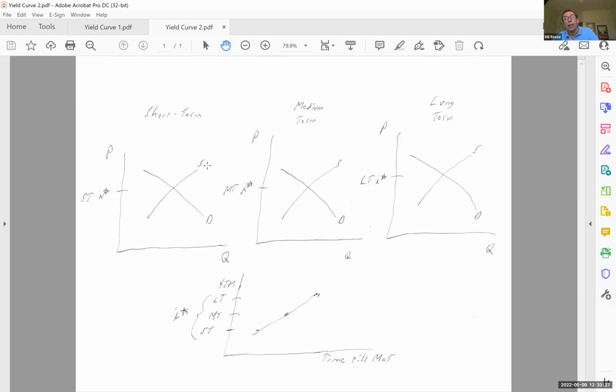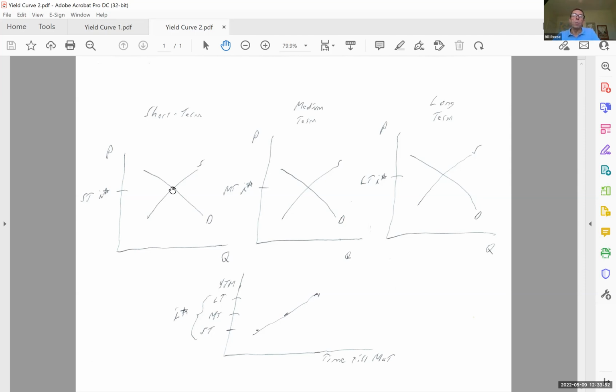If interest rates are low, people don't want to lend much money, but if interest rates are high, they want to lend more money. So this is the demand to borrow money, this is the supply of money being lent, and the equilibrium is going to be the intersection of the two. This is specifically short-term money.